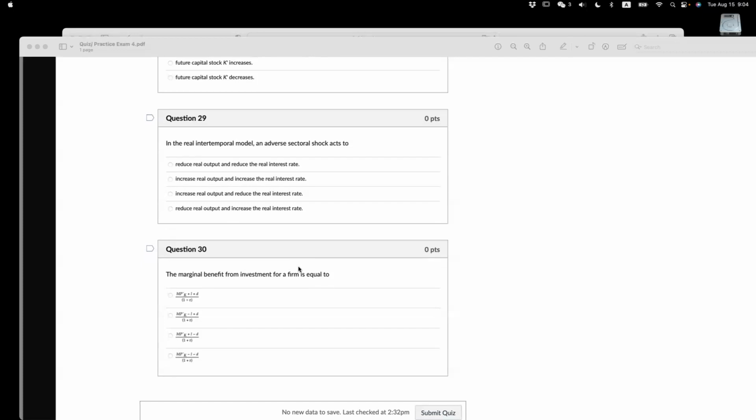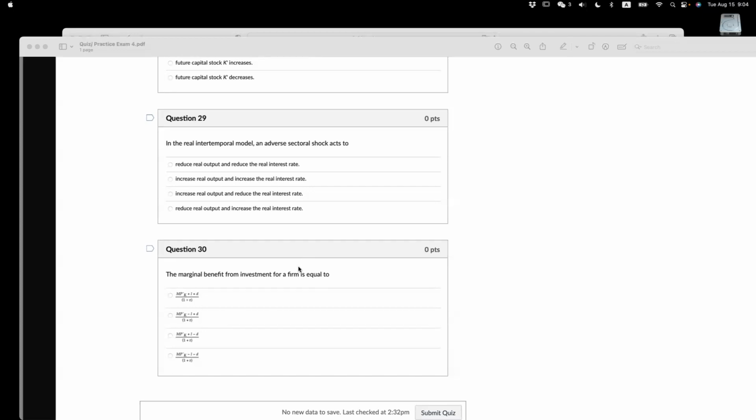Because you have lower productivity, right? And why does the real interest rate increase? Because capital is going to decline, and the marginal productivity of capital is going to increase. Right? So hence you're going to increase the real interest rate.